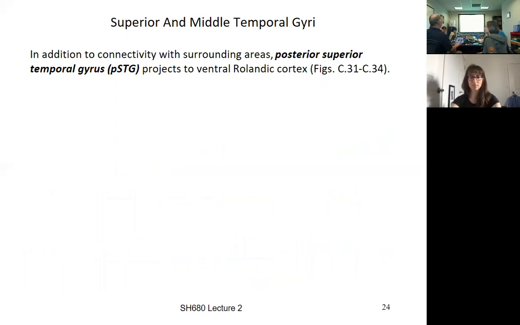That is much less true, if it's true at all, of Heschl's gyrus, so primary auditory cortex. The way I think about it is, what business would primary auditory cortex have activating motor structures? It doesn't know anything, whereas the higher order areas do know stuff and are interacting with speech level motor areas.